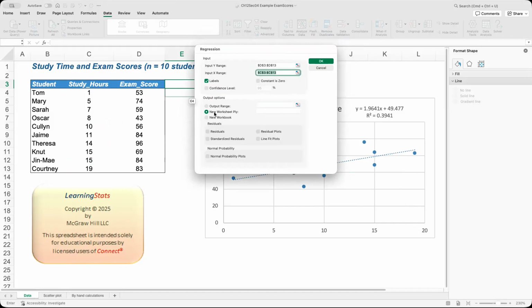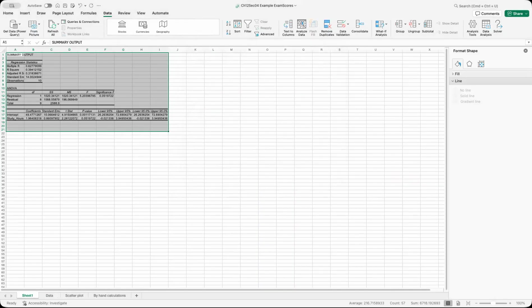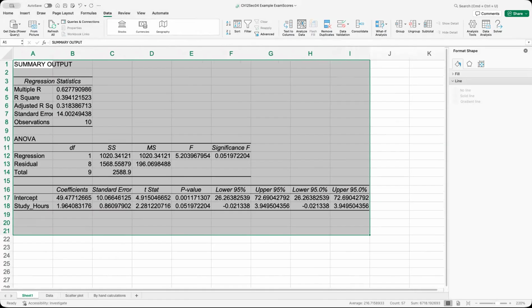Labels, I included the labels. 0.964 is the slope. 49.477, that's my intercept. They're the same numbers we saw in the scatter plot. Correlation, R squared, coefficient of determination, they're both up there.